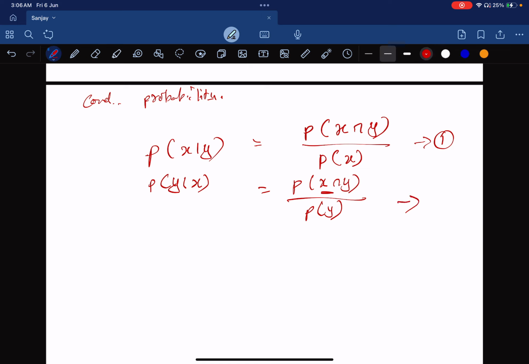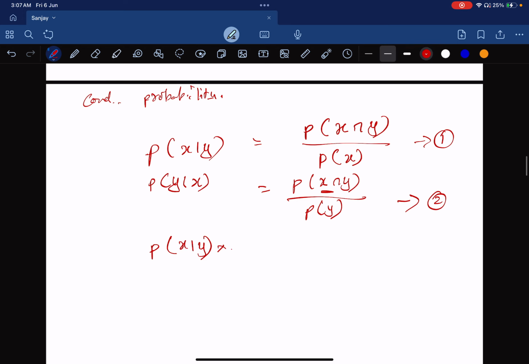If I rewrite equation number 1, P of x given y into P of x equals P of x intersection y. Let's name it equation number 3.